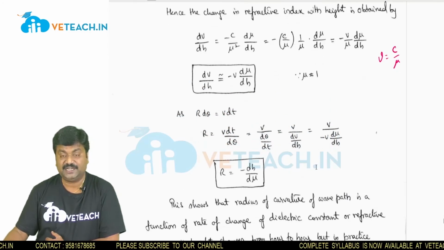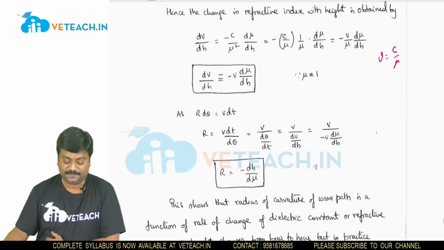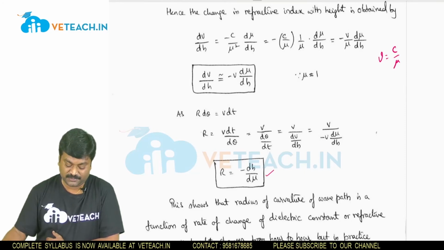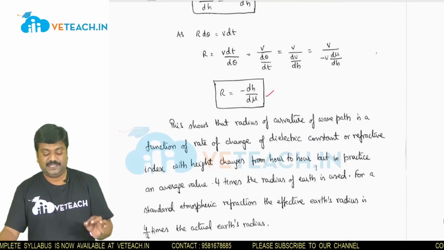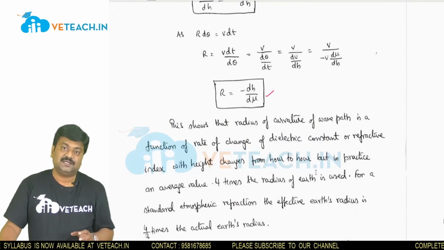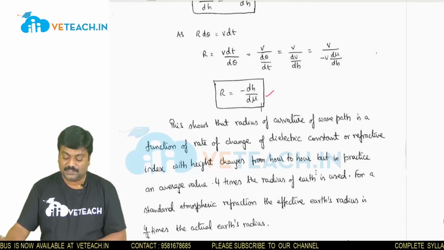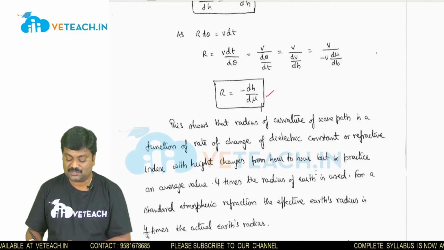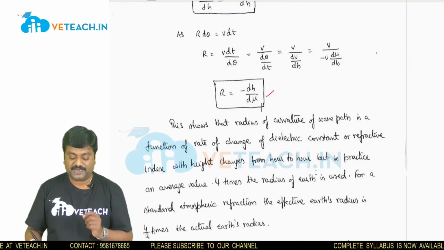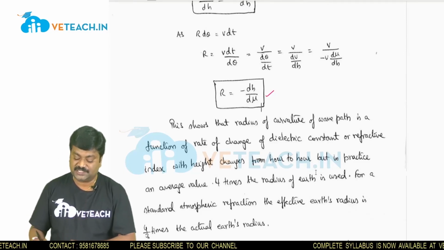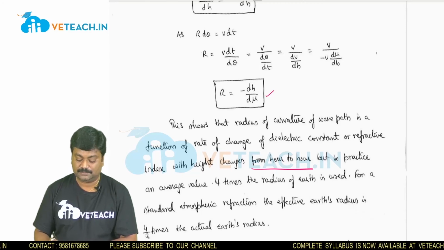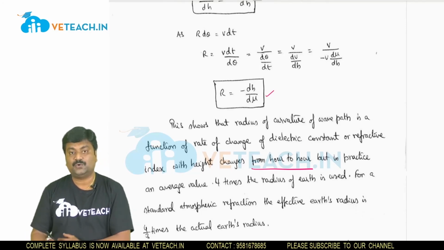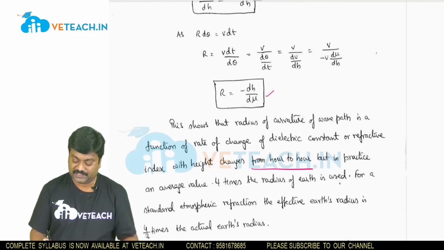And as R d theta equals V dt, we will be having R equal to minus dH by d mu. So these equations show that the radius of curvature is a function of the rate of change of dielectric constant or refractive index with height, which changes from hour to hour, but in practice an average value 4 times that of the radius of earth is used.